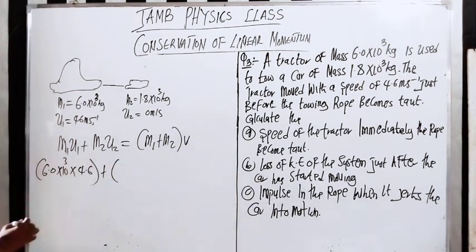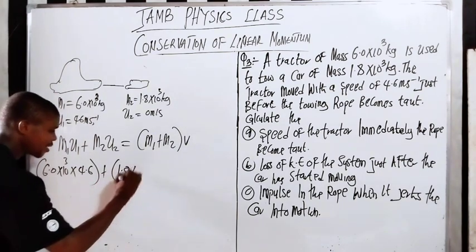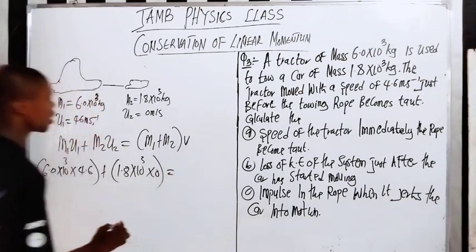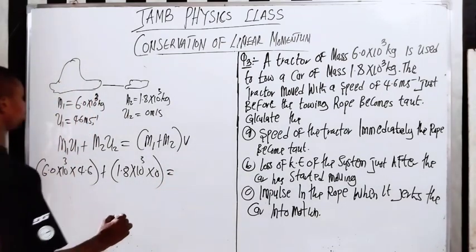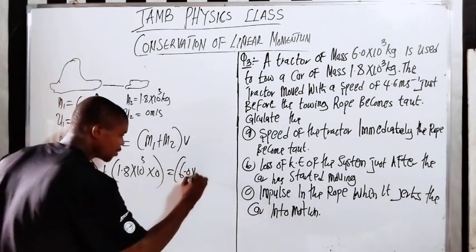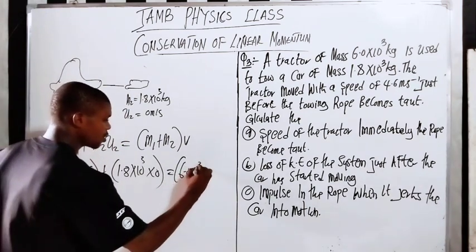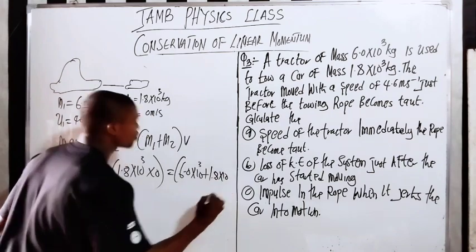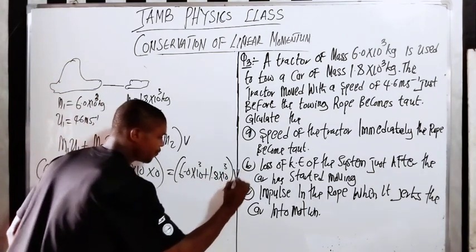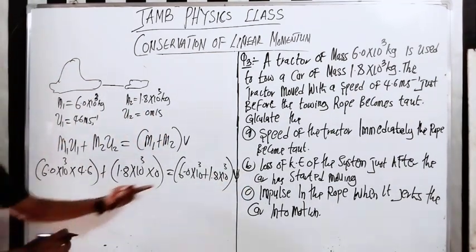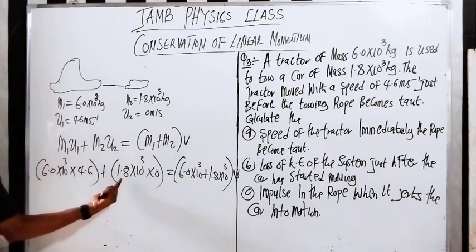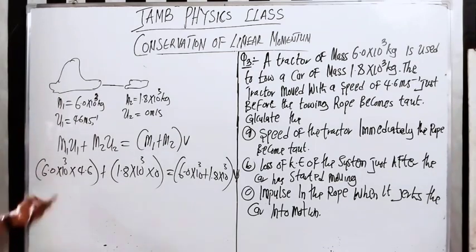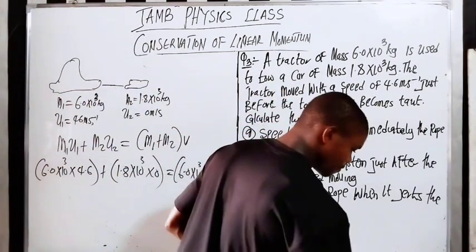Plus my m2, which is 1.8 × 10^3, times 0, equals (6.0 × 10^3 plus 1.8 × 10^3) v. This term gives 0, because 1.8 × 10^3 times 0 equals 0.